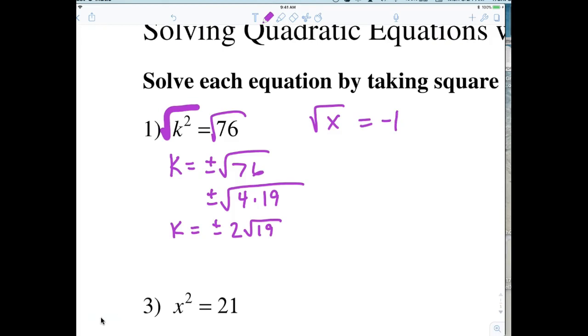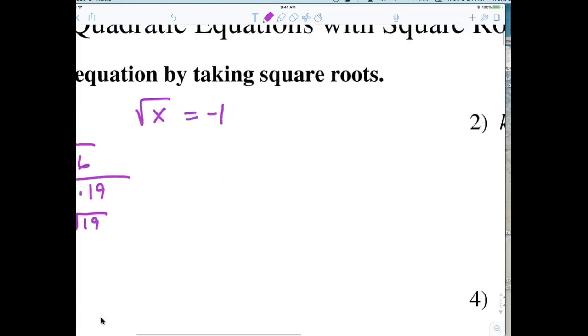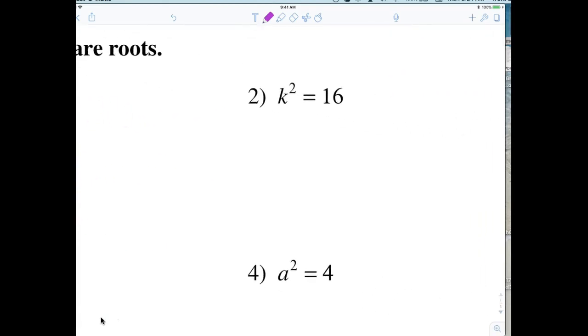Now watch what happens. I'm going to do number 2 with you just so it's easier to see. So look right here. If I take the square root of both sides, you're going to get k is equal to plus or minus 4. Now why does that work? He has a great question.